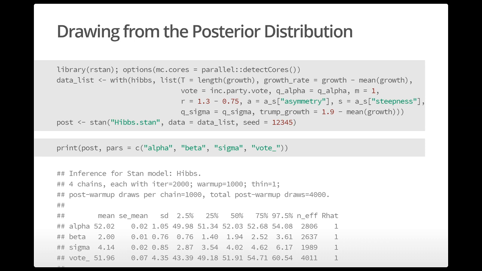So my posterior beliefs about alpha did not shift that much. They certainly got more precise. So now my 25% and 75% quantiles are 51.3 and 52.68.